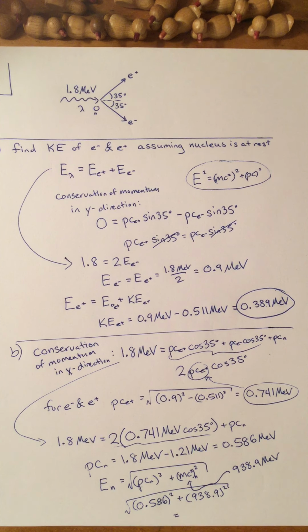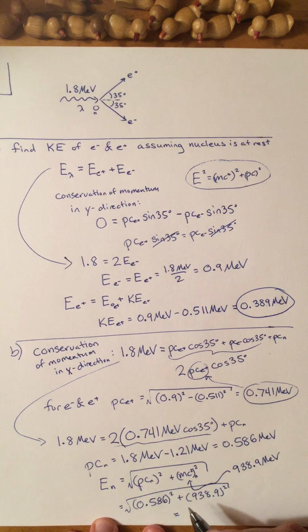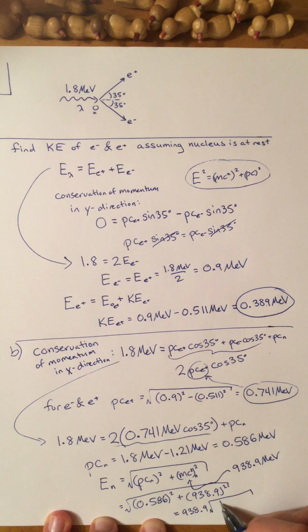I'm trying to find the kinetic energy, so rather than calculating this, I'm going to pull out the 938.9, and so this would be 1 plus 0.586 squared divided by 938.9 squared.